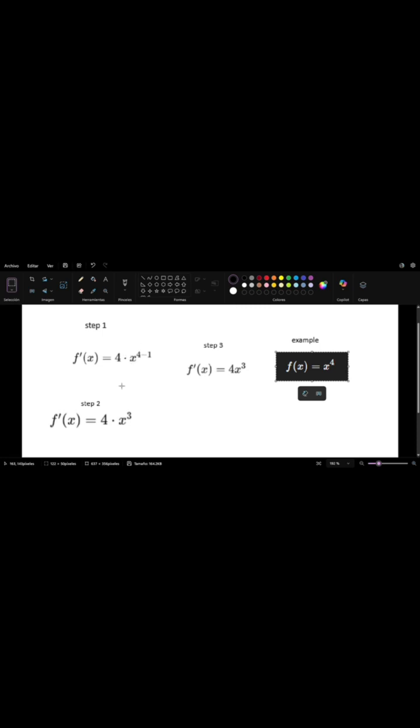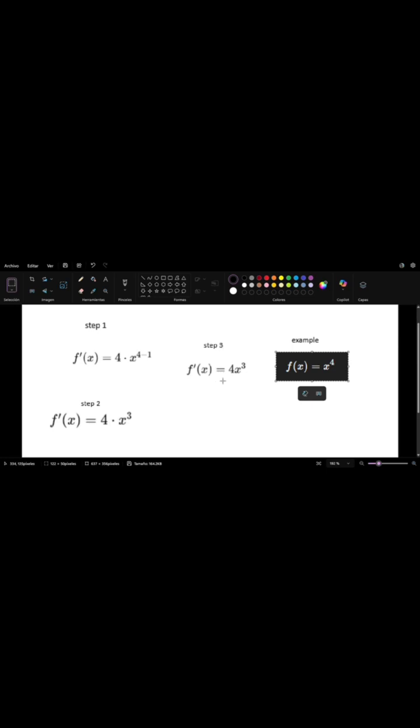Step 2, simplify the exponent. f prime of x equals 4 multiplied by x to the power of 3.